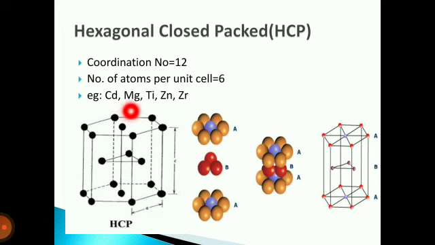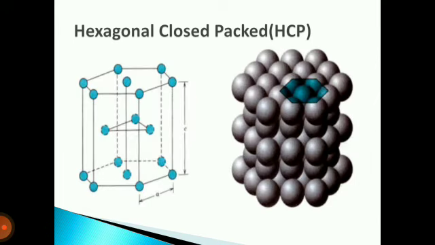Example: cadmium, magnesium, titanium, zinc, zirconium. This represents the unit cell of HCP crystal structure, and this image shows the arrangement of the atoms in HCP crystal lattice.